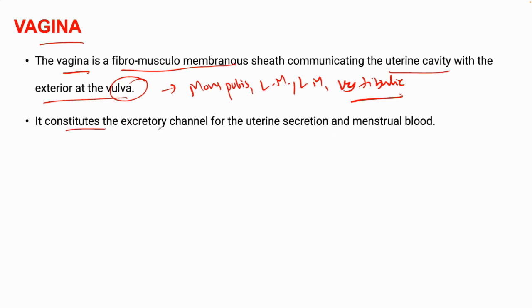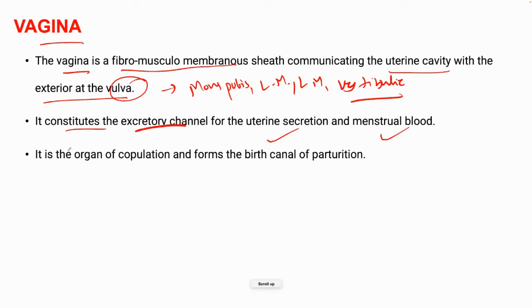It constitutes the excretory channel for the uterine secretion and menstrual blood. It is the organ for copulation and the birth canal for parturition. So the birth is through the vagina.